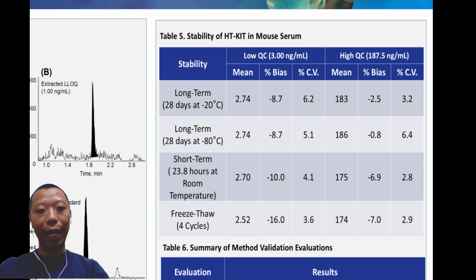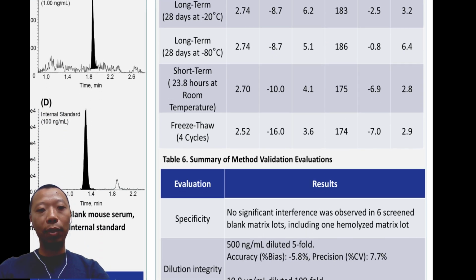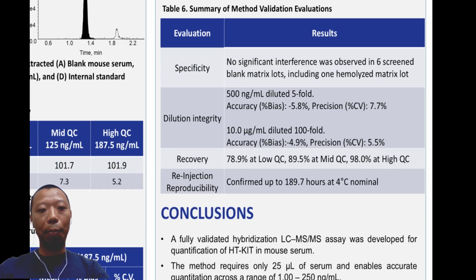This result demonstrates that the assay is reliable and the sample integrity is well maintained throughout typical handling and storage conditions. In addition, several other evaluations were performed, as summarized in Table 6.